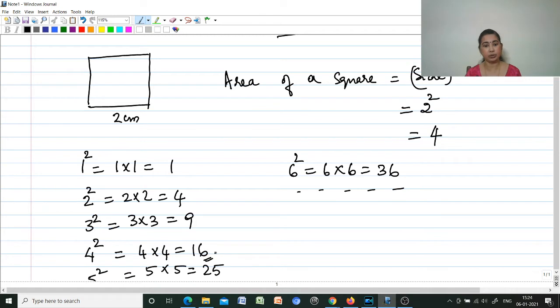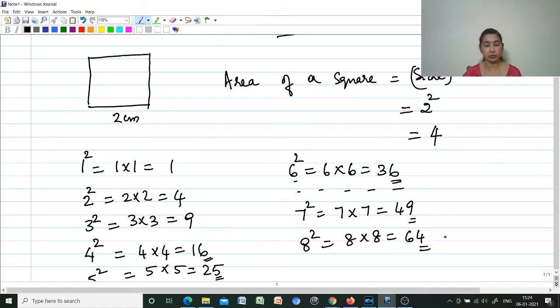Then 5 square is ending in 5. 6 square is ending in 6. What about 7 square? 7 into 7 is 49, ending in 9. Then 8 square, 8 into 8 is 64, the unit place is 4. Then what about 9 square? It is 9 into 9, which is equal to 81, ending in 1.